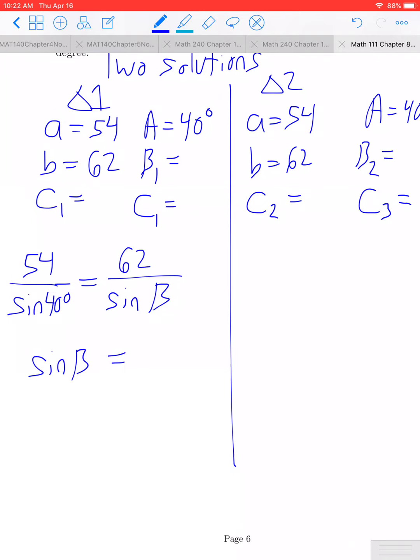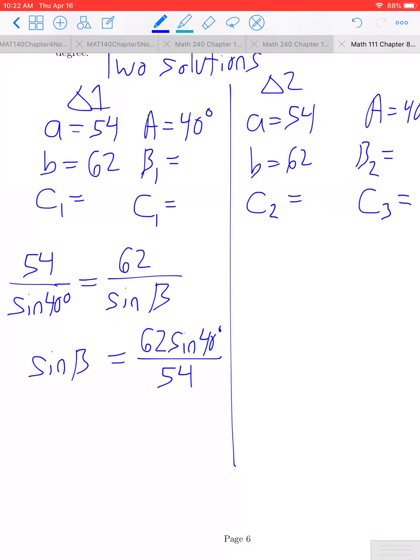You'd multiply both sides by b. You would then get rid of the fraction 54 over sine of 40 degrees, and you would find this. The sine of B will be equal to 62 times the sine of 40 degrees divided by 54.